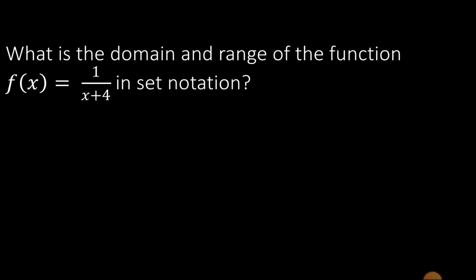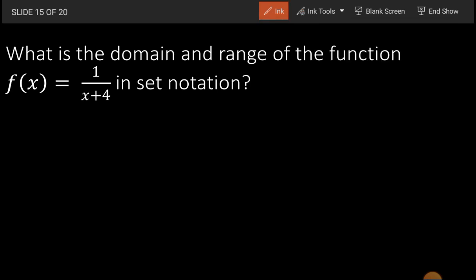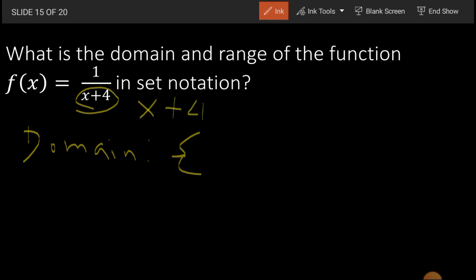Next. What is the domain and range of the function f of x equals 1 over x plus 4 in set notation? For the domain, we just have to avoid the value of x that will make the denominator 0, and that is -4, because x plus 4 equals 0, and solving for x, we have x equals -4.